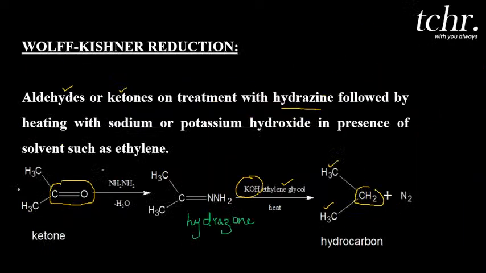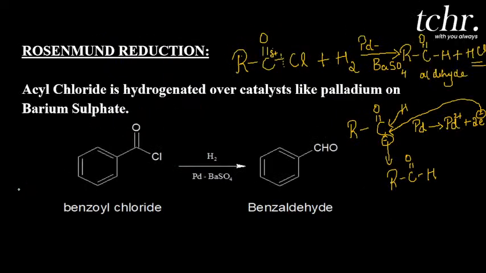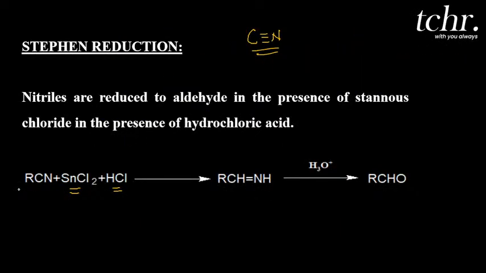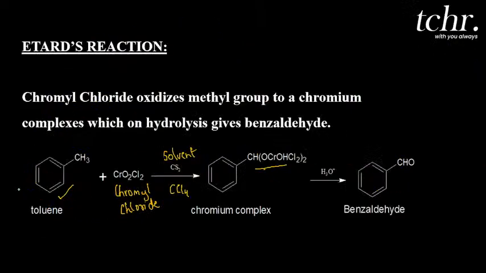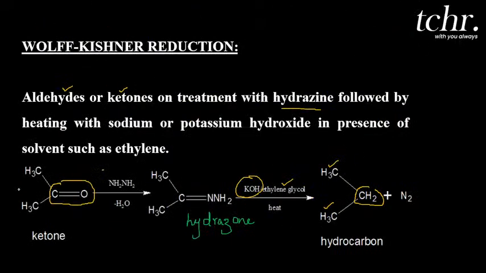Fine. So in today's session we discuss some of the important naming reactions that we come across. Yes, there are many other naming reactions as well that I'll be discussing in the next session. In today's session, I hope you all have understood what is Rosenmund's reduction, what is Stephen reduction, and what is Etard's reaction, which we use to prepare aldehydes, and also the one of the important chemical properties that aldehydes and ketone shows is Clemmensen's reduction and Wolff-Kishner reduction.